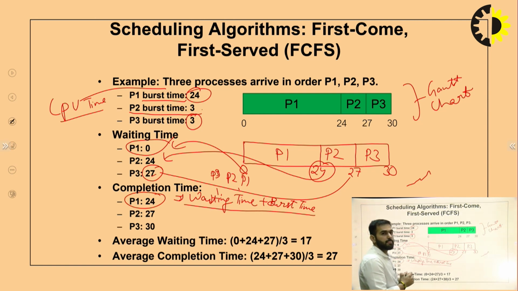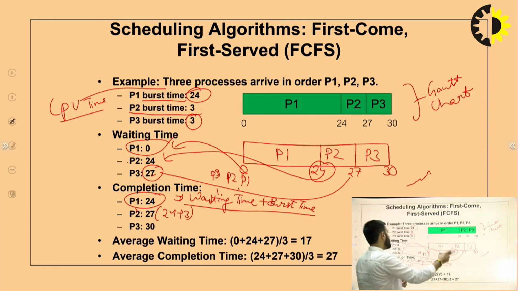Fair enough. Now for P2, see the waiting time. The waiting time for P2 is 24. It waited from 0 to 24 seconds, right? And the burst time for P2 is 3. So the completion time is 24 plus 3, 27. Right?